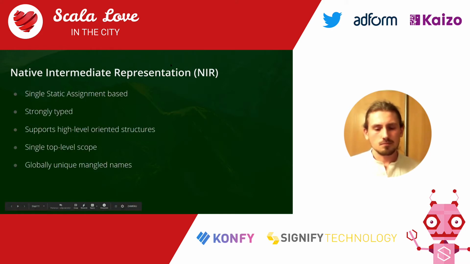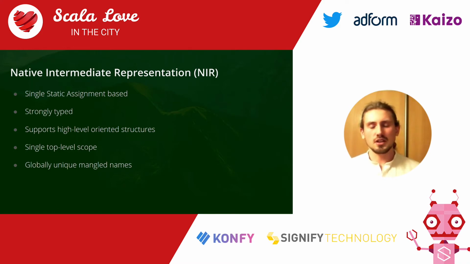At its very base, NIR is the same as LLVM IR, single static assignment based, which means that every operation, every result has its own unique identifier within the given block scope. And you cannot simply add two identifiers to them.